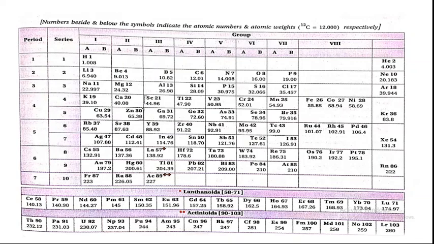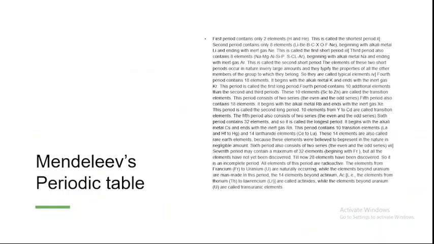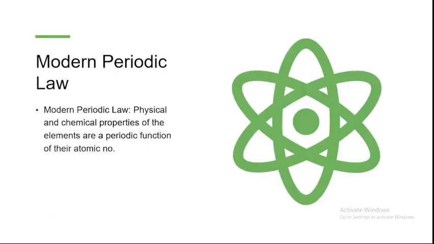So scientists modified the law that Mendeleev gave. After modification, this law became the modern periodic law, which states that the physical and chemical properties of the elements are a periodic function of their atomic number, not atomic weights.